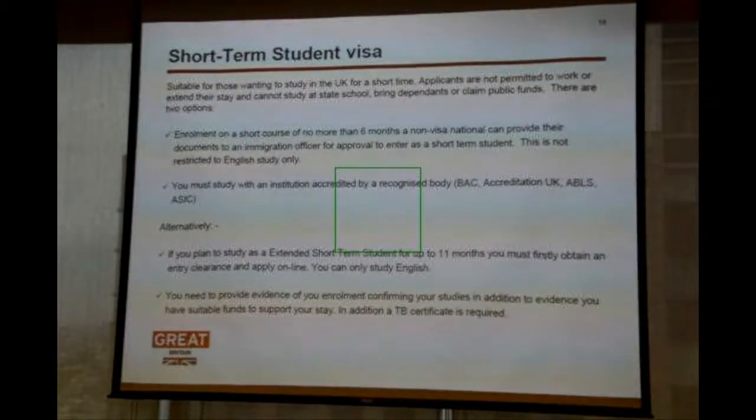So what we recommend is that obviously you have the passport. If you can, a return air ticket, although it's not mandatory, it just helps to show the intention of leaving the UK within 6 months. A letter from the institute where you're going to study, which confirms that you've been enrolled on a course of study. If you've paid any money, that you've paid a certain amount of money.